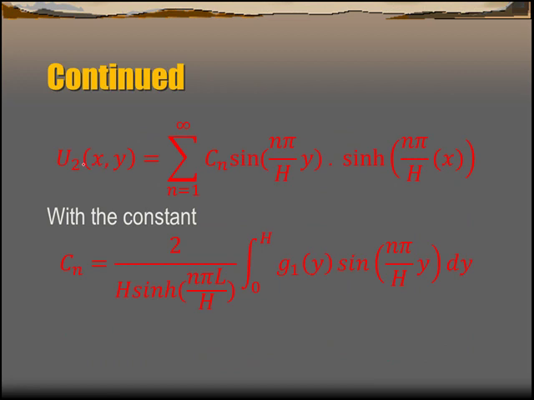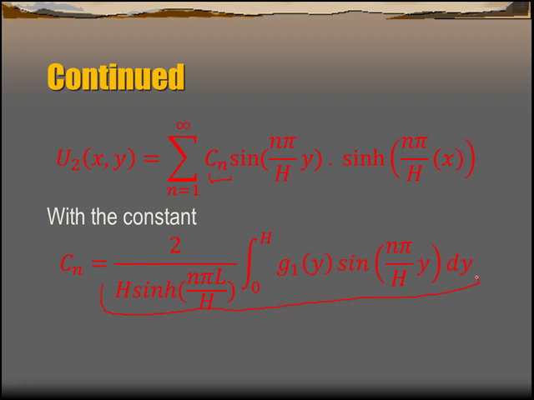So the solution to the third problem is u2(x,y) is equal to the summation, n starts from 1 up to infinity, cn sin(n pi over h y) into sinh(n pi over h x). You can calculate the solution to this problem by yourself. Here the constant cn will be calculated by this integral. So this is the solution to the third problem.